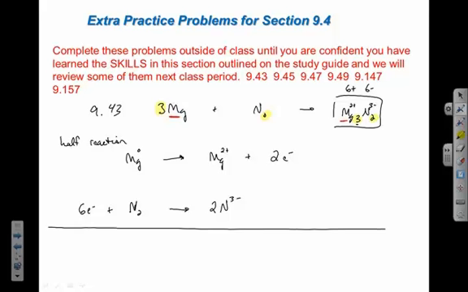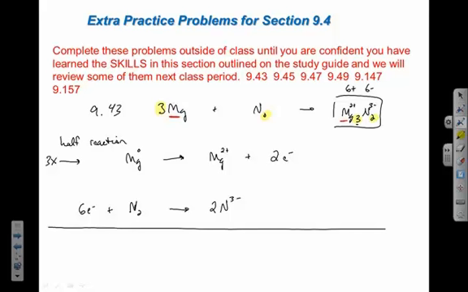To get the overall net reaction, I have to add those together, but I can't add them together unless the number of electrons cancel. So that means I've got to multiply this top one by 3 so that the number of electrons consumed will be equal to the number of electrons produced. One substance is giving electrons to the other substance. The number of electrons given away by the one substance has to equal the number accepted by the other substance.